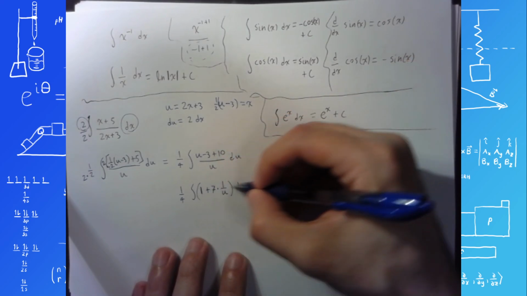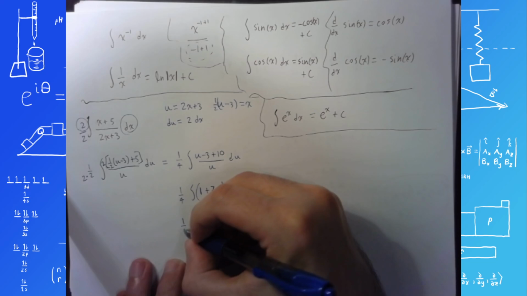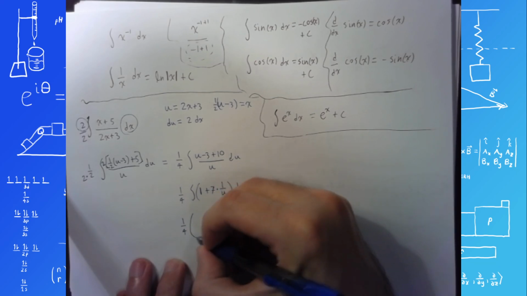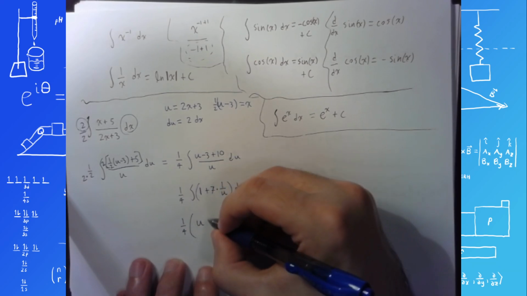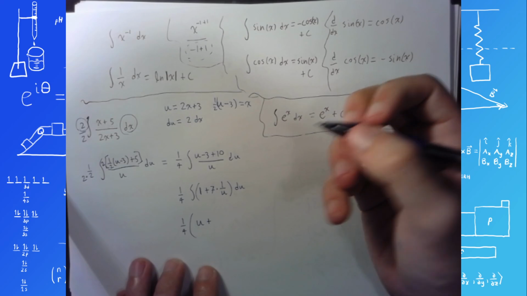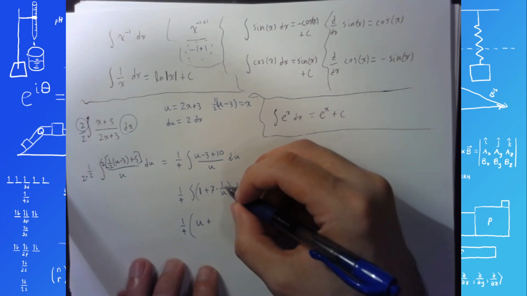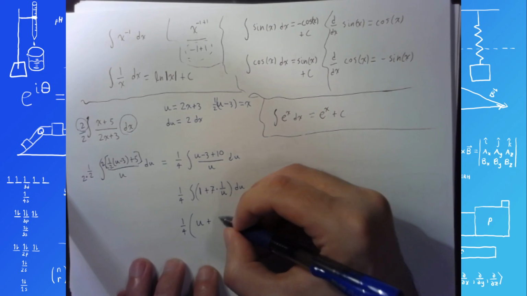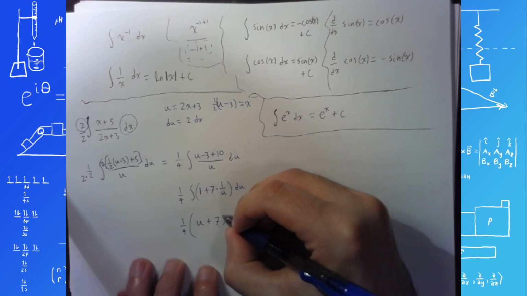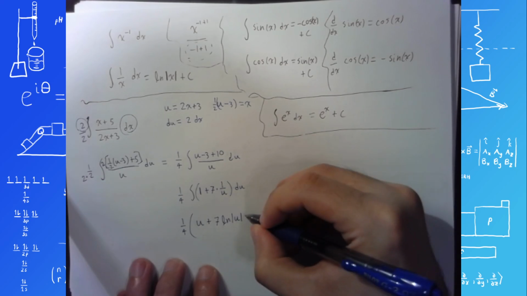The integral of 1 is just the variable, which is u. So 1/4 times u, plus 7 times the integral of 1 over u. The integral of 1 over x is ln of x, so the integral of 1 over u is ln of u.